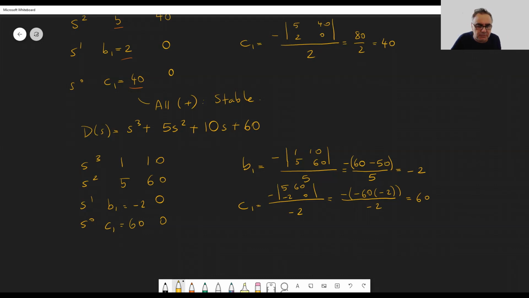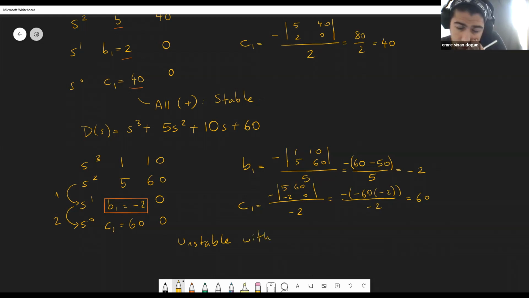So first of all, this one is now negative. It's obvious that this is unstable because there is a negative 1 here. But this gives you another piece of information. There is one sign change, positive to negative, and another sign change, negative to positive.